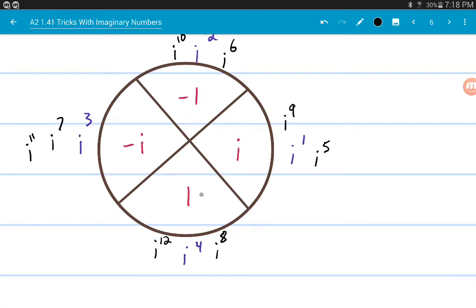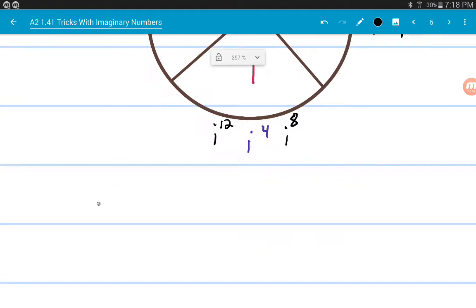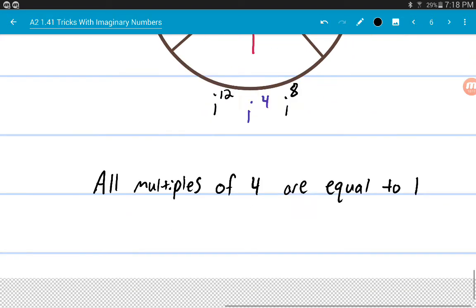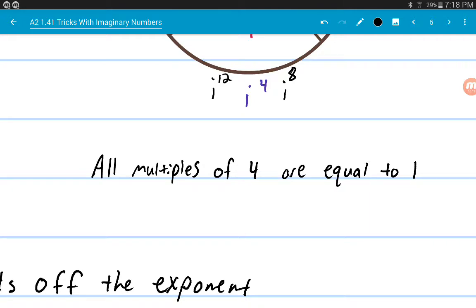Now here's the pattern you should notice. All of the multiples of 4 are equal to 1.